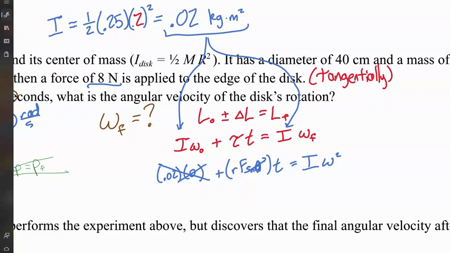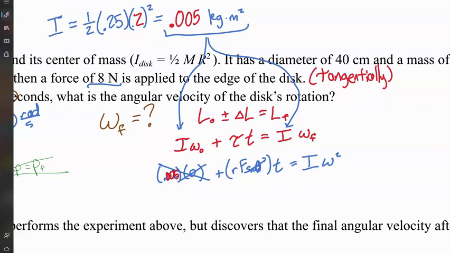If we recalculate this, we get not 0.02 but 0.005 kilogram meter squared for the rotational inertia of this disk.